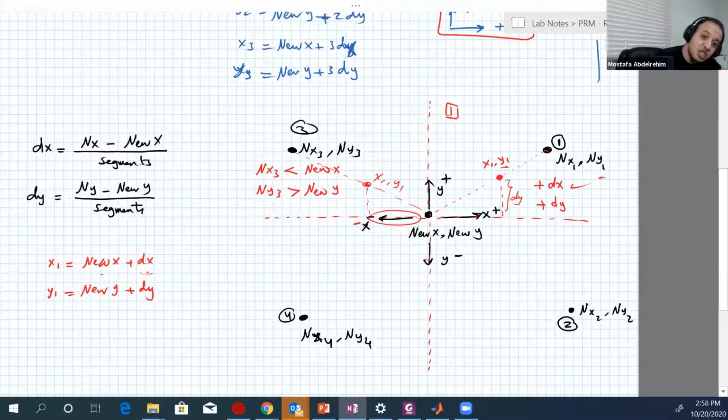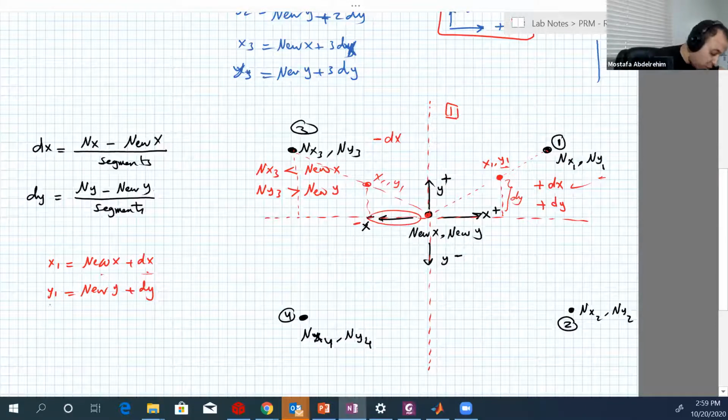Let's check that. dx is equal to nx3 minus new x. This is the point, and it's behind new x. So it should be less, in the way of reduction of x. So nx is less than new x, so that will be negative. So here dx is negative.